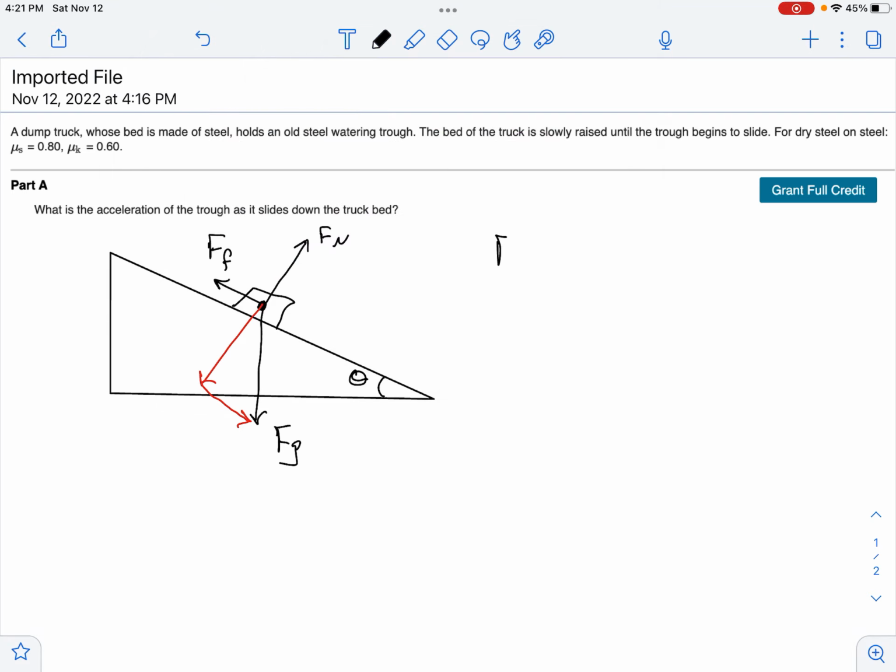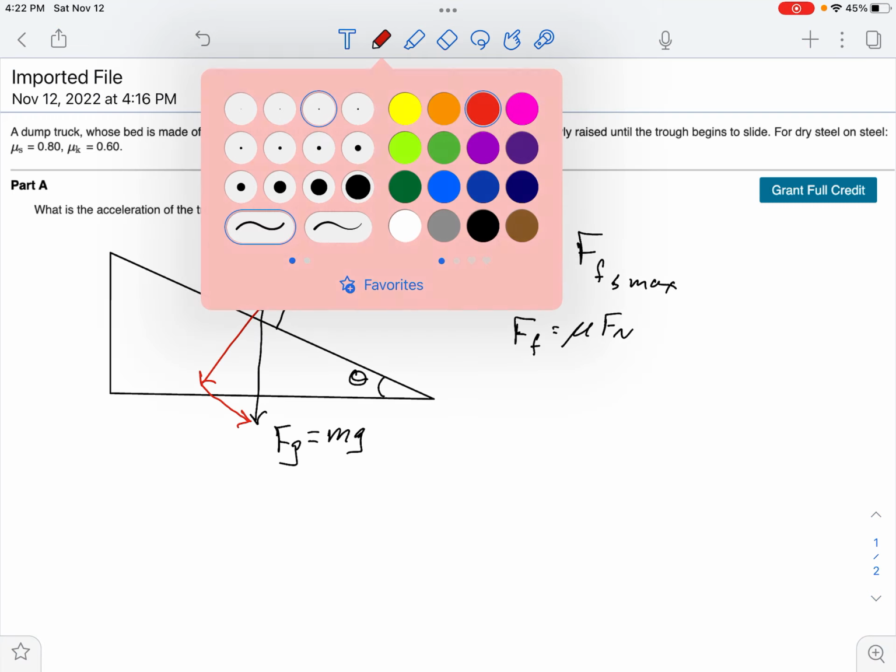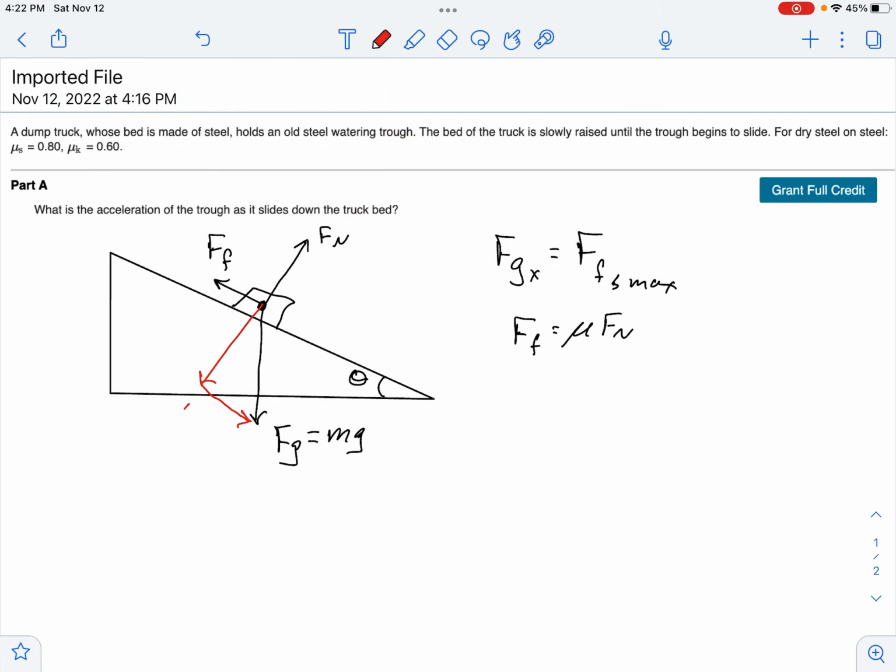If we think about some of the other things we know, in order to know what our force of friction static max is, we know that our force of friction is equal to mu times my normal force. Again, we don't have that either. We know that our gravity force is always equal to mg.